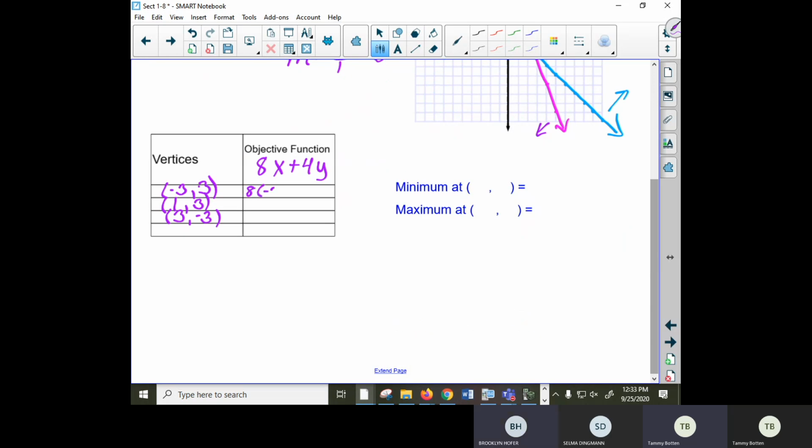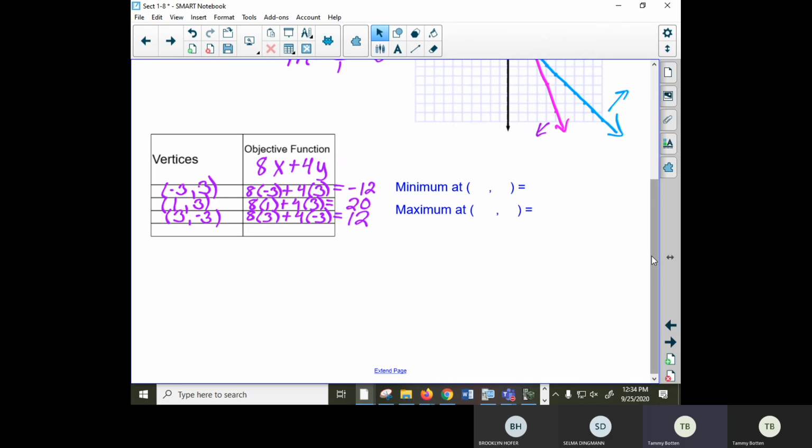If I have 8 times -3 plus 4 times 3, that's -24 plus 12, so that's -12. If I have 8 times 1 plus 4 times 3, that's 8 plus 12, which is 20. And if I have 8 times 3 plus 4 times -3, that's 24 minus 12, which is 12.